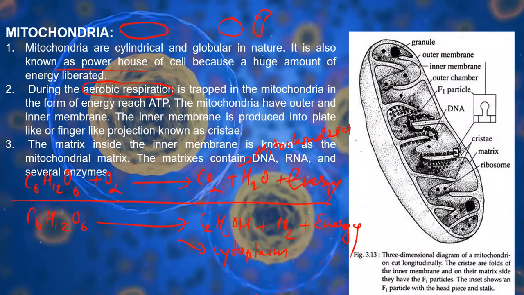ATP molecules. Mitochondria is a double membrane-bound structure. The outer membrane is smooth and the inner membrane possesses finger-like or plate-like projections known as cristae. So this cristae increases the surface area for what?